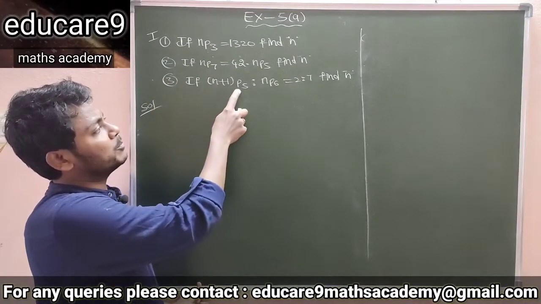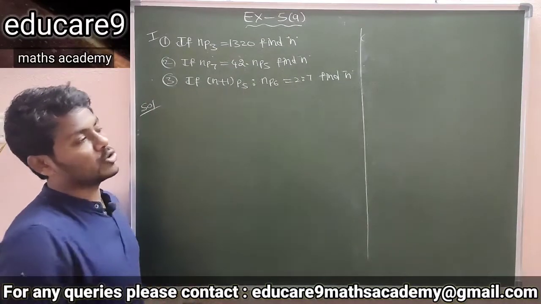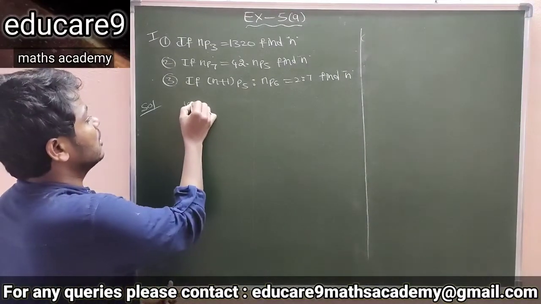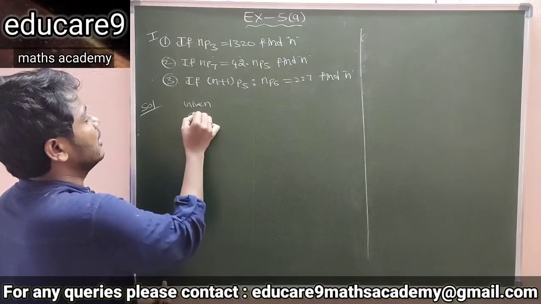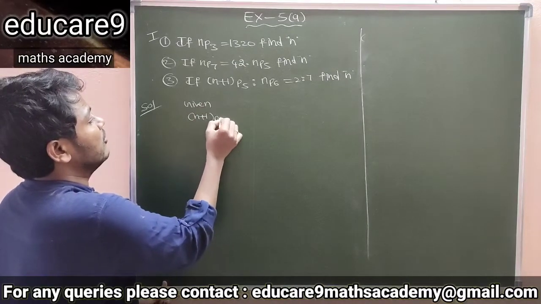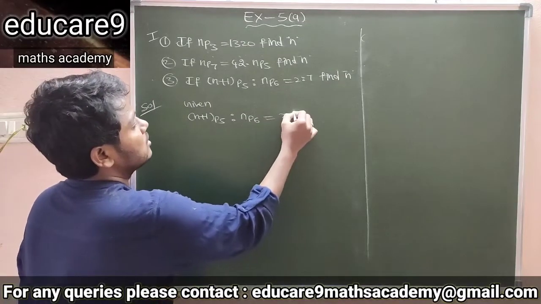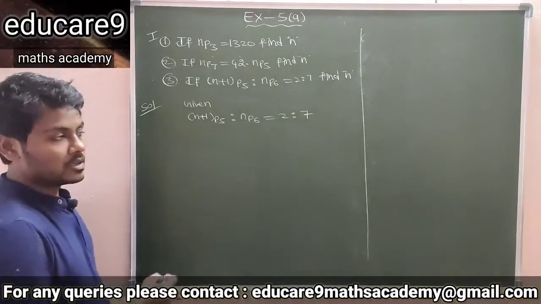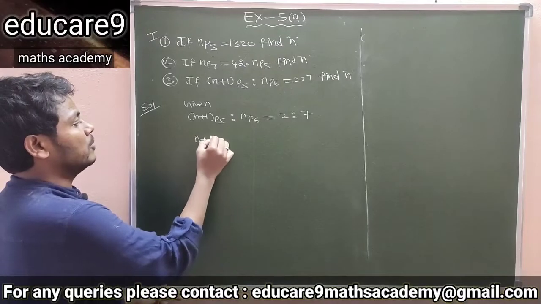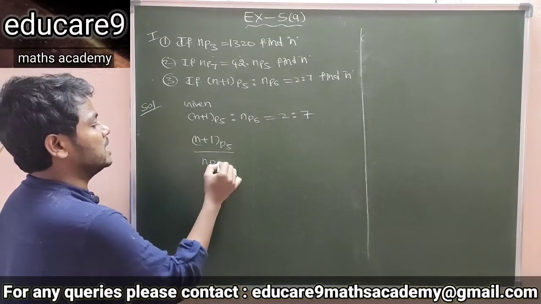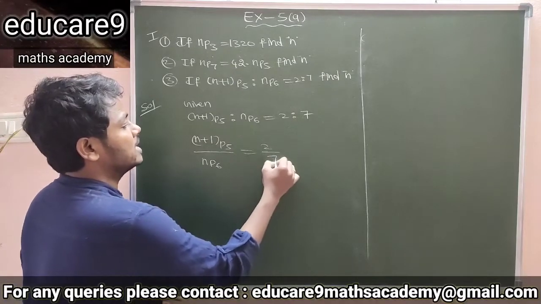If (n plus 1)P5 is to nP6 is 2 is to 7, then find n. See here, given (n plus 1)P5 is to nP6 is equal to 2 is to 7. So how to write this? (n plus 1)P5 divided by nP6 is equal to 2 by 7.